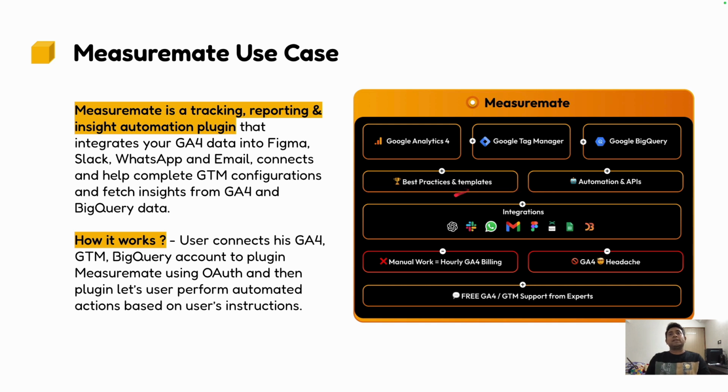There are a lot of best practice templates which we provide, which can be directly pushed to Google Analytics 4, Google Tag Manager, and even Google BigQuery. The tool also connects to other products which are non-Google, and primarily it connects to Google Sheets via Drive API. So we will cover that part as well.